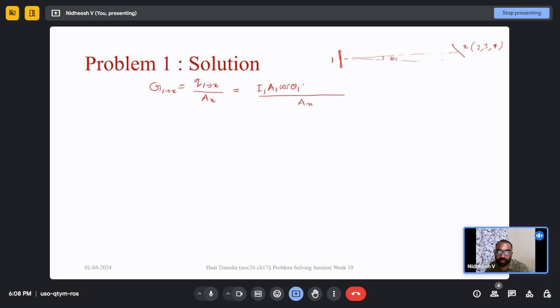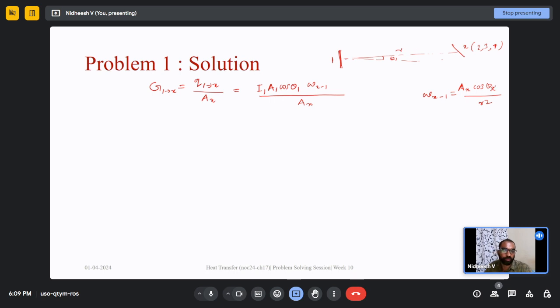Now it is being intercepted by surface X with a solid angle, say omega x1, where the solid angle omega x1 can be given as the ratio of the area of the receiver surface X, that is Ax, multiplied by cos theta x, by r square, where r is the distance between these two.